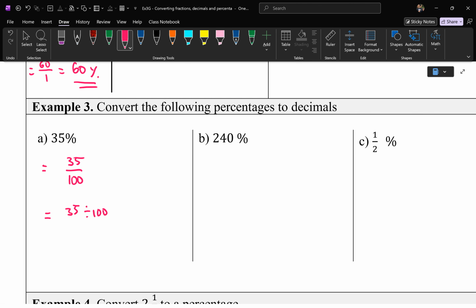But when we divide by 100, what do you do to a decimal point again? Move to left by 2 because there's 2 zeros. So moving once, moving twice. Point is right in front of 3, so therefore it's 0.35. So you can see we went through 3 conversions there just on reading what percent means. Percent means every 100. Yeah.